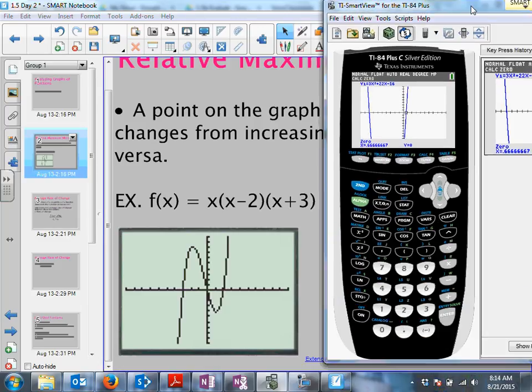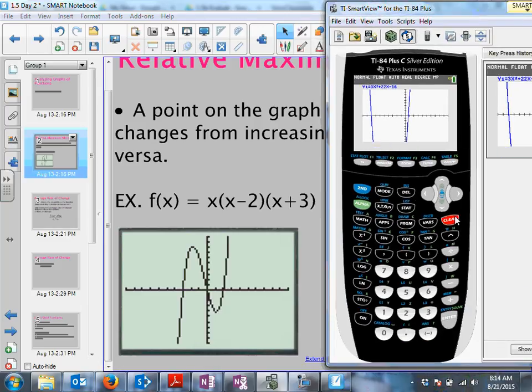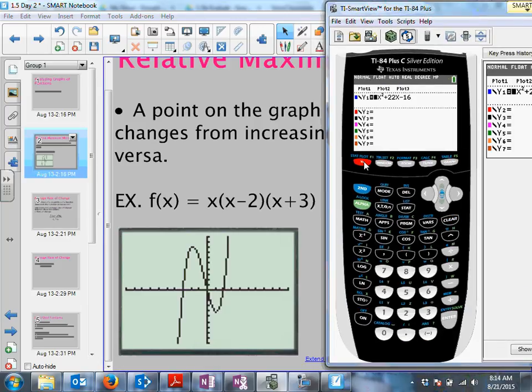So I will show you that when you look at these problems, I'm going to type in x times x minus 2 times x plus 3.